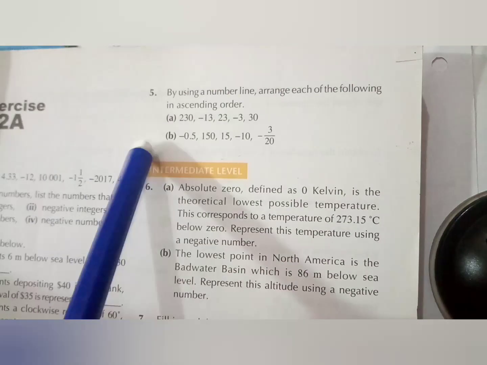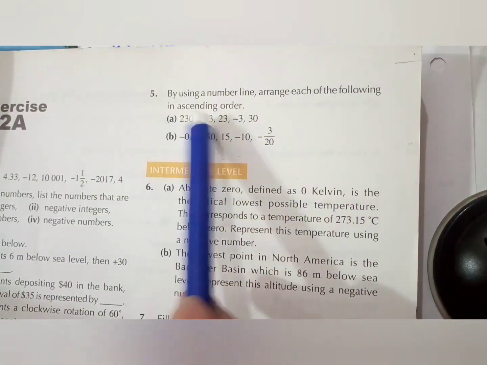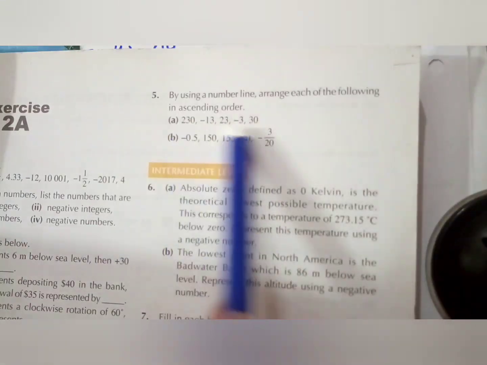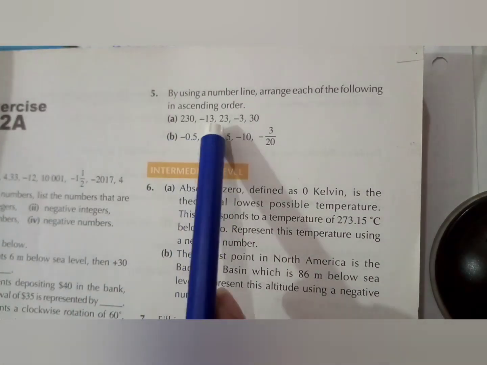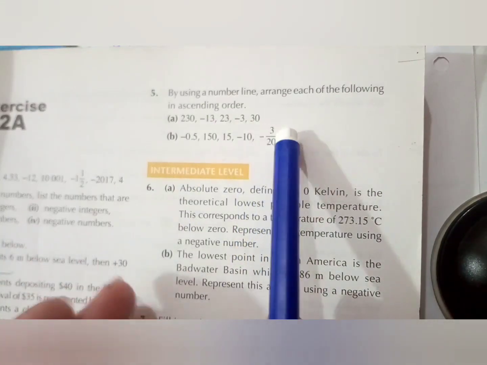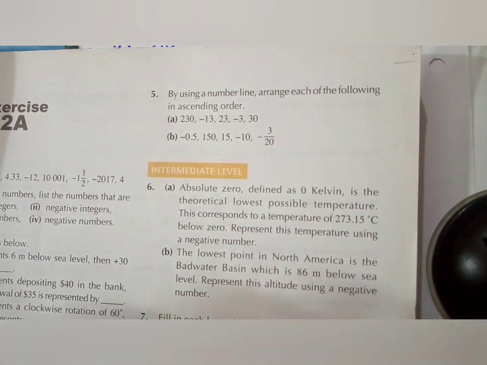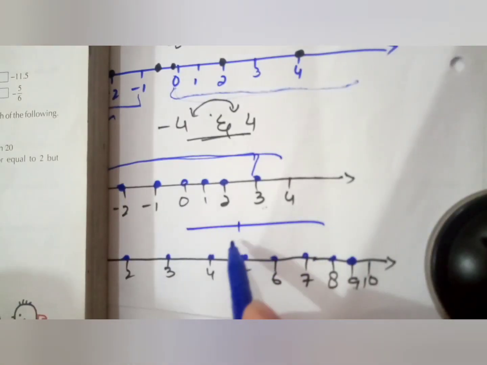Now look at question number 5. Question number 5 is again by using the number line, arrange each of the following in ascending order. Okay, you have to draw the number line. These are the greater terms, that is 2, 30, 13. You can take the difference such as 20, 20, 10, 10, 0, 20, 10. Draw the number line and take the difference starting from 0.